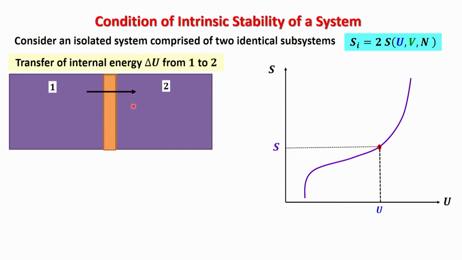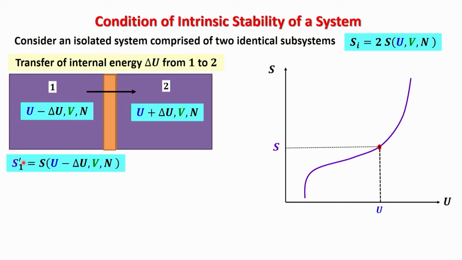In this case, the internal energy of compartment 1 in its new equilibrium state would be U minus delta U, and the internal energy of compartment 2 will be U plus delta U. The other parameters like V and N will remain the same, because the wall is still rigid and impermeable.